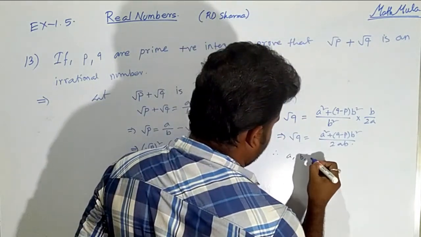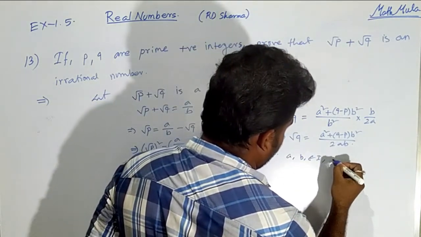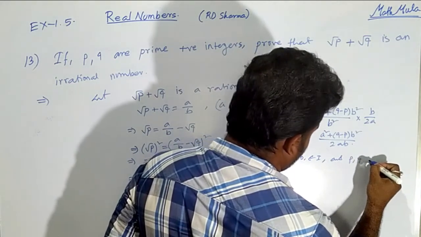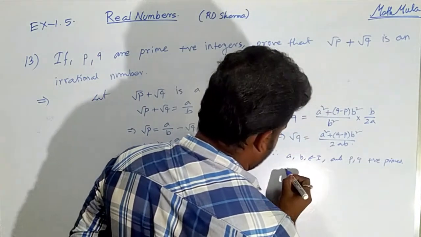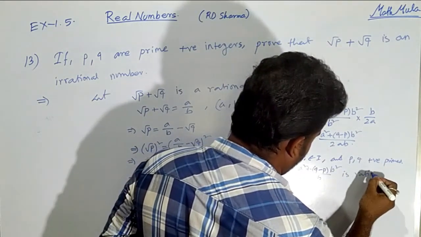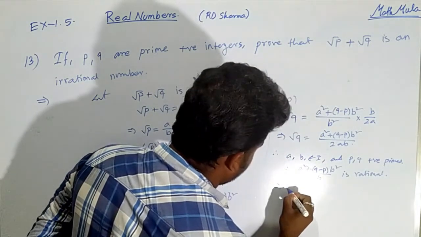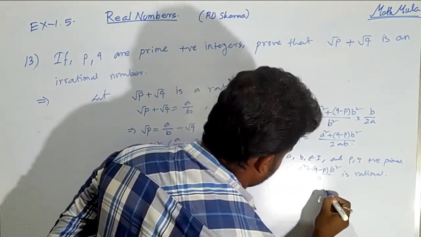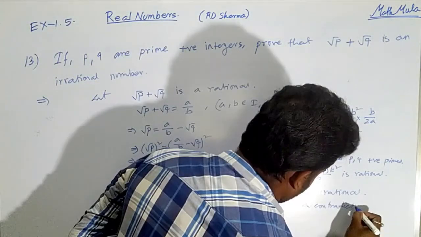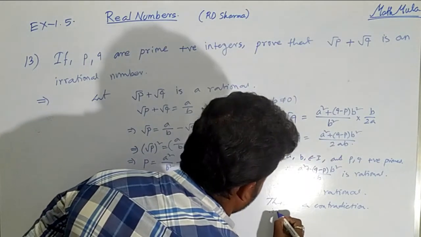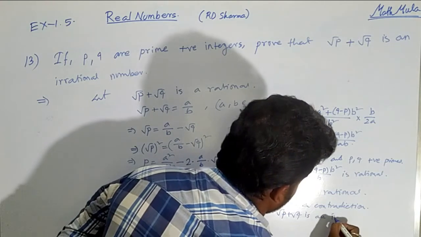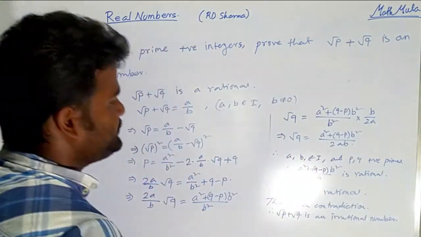Now a, b belong to I and p, q are positive primes. Therefore, the right hand side is rational. That implies root q is rational. This is a contradiction. Therefore, root p plus root q is an irrational number. That's it.